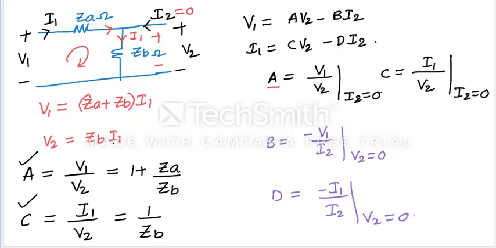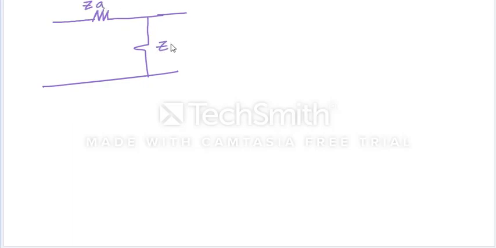So by making V2 equal to 0, we get B and D. Let us redraw this network again. Here this is ZA, this is ZB, this is V1 and I1, and this is V2 and I2.